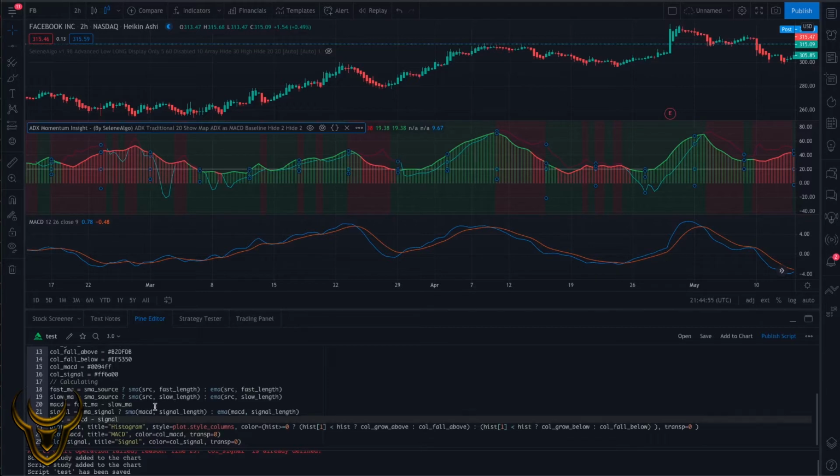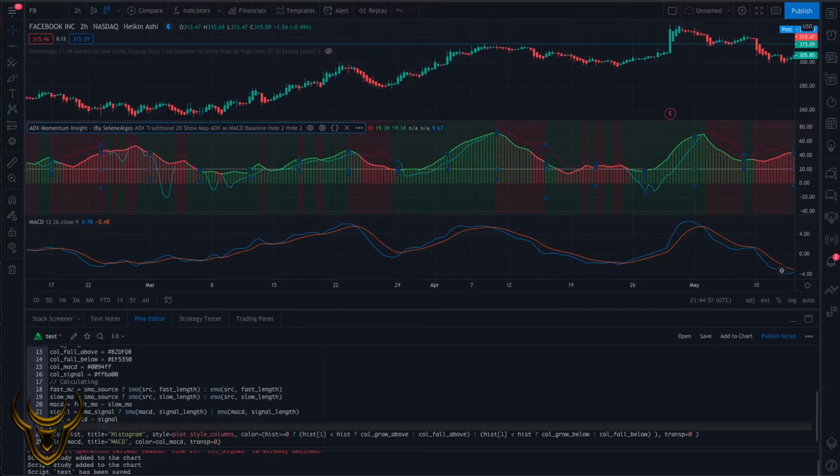Let's do signal. Bear with me for just a moment. I'm just going to color coordinate it the same as the ADX momentum indicator.